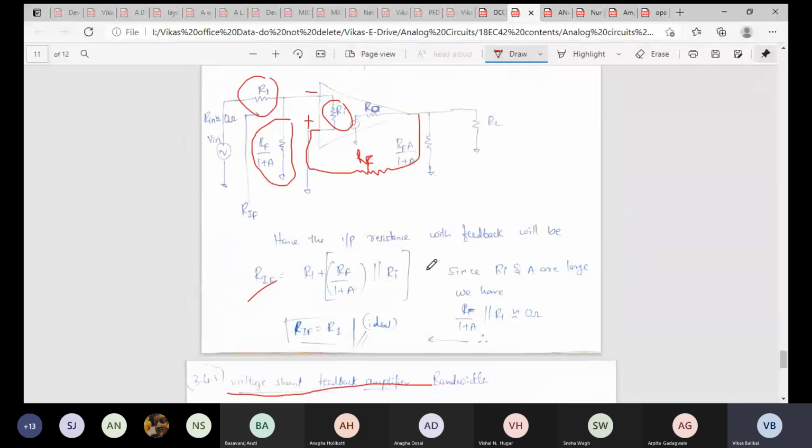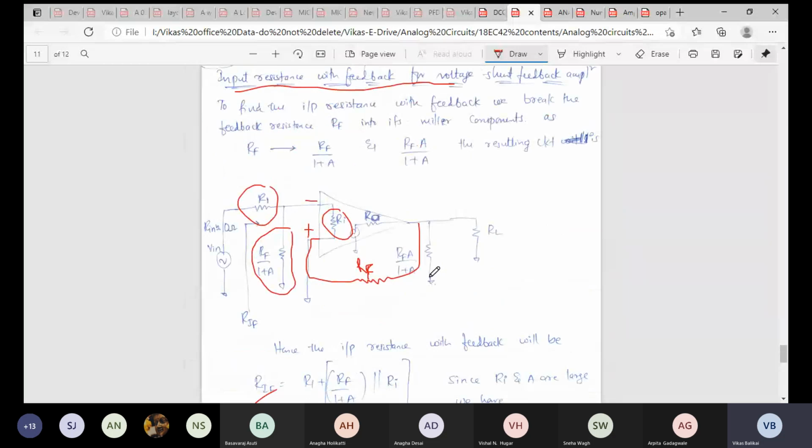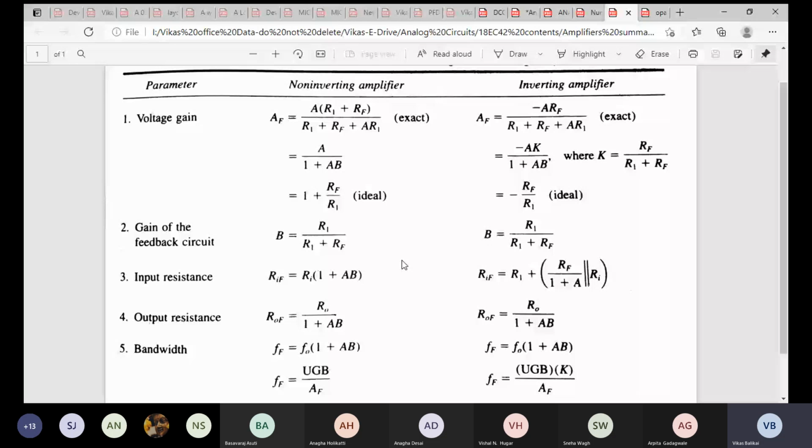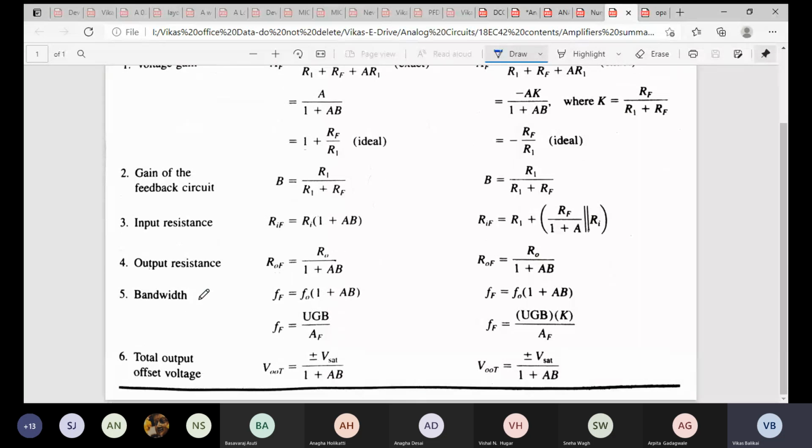Now, one thing that I just want to highlight here is the comparison chart which I have shared. The comparison chart shows a non-inverting amplifier and an inverting amplifier with their different voltage gains, gain of the feedback circuit, input resistance, output resistance, bandwidth, and total output offset voltage.